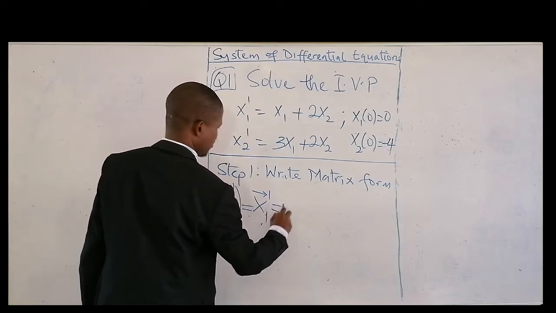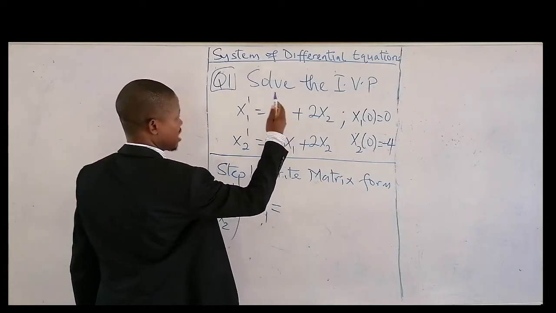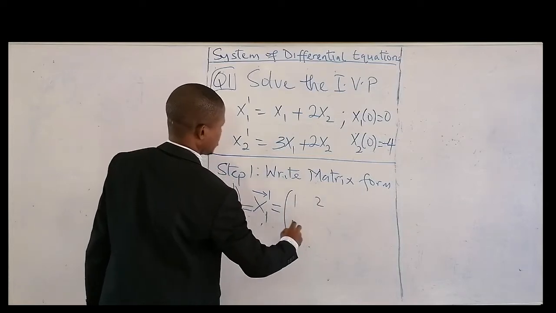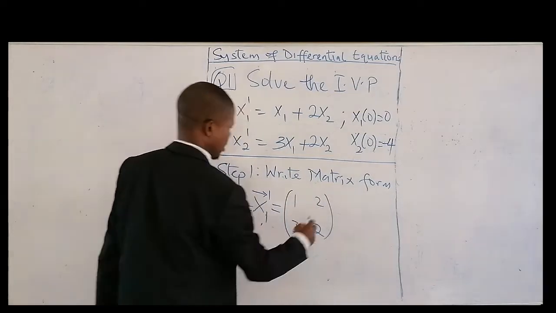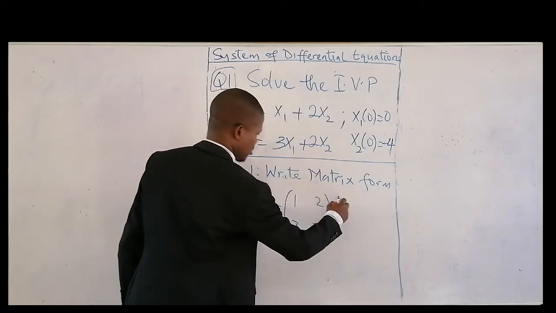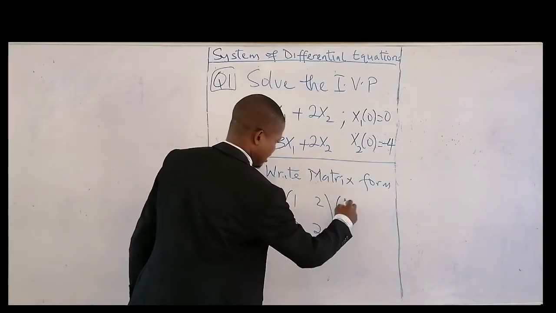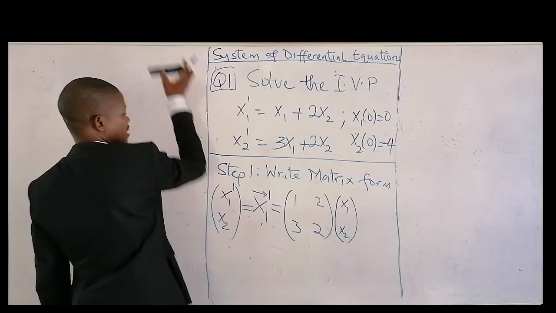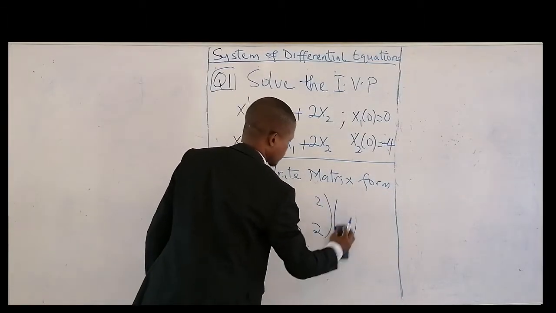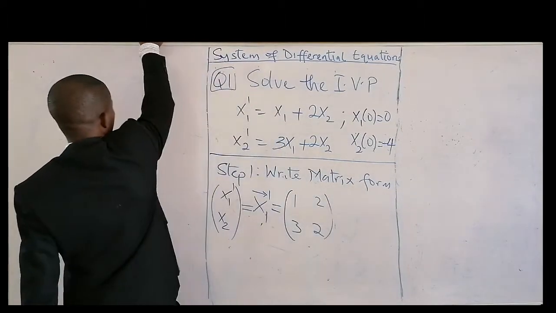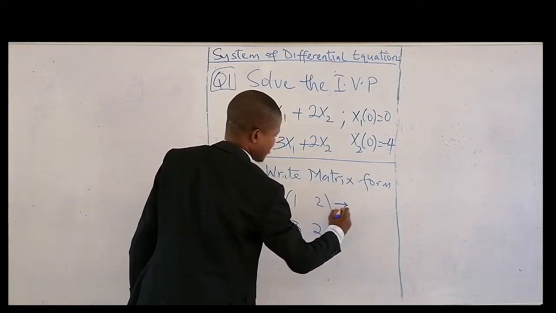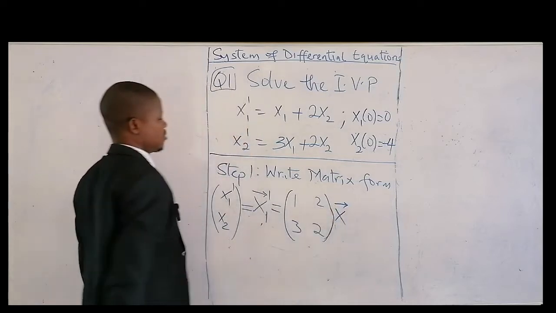That will be equal to the coefficient matrix of x1, x2, which is 1, 2, 3, 2, times x, where we represent x1, x2 as a single variable. So this is a vector.